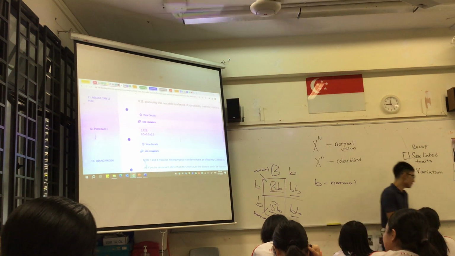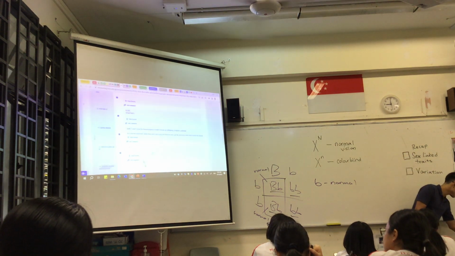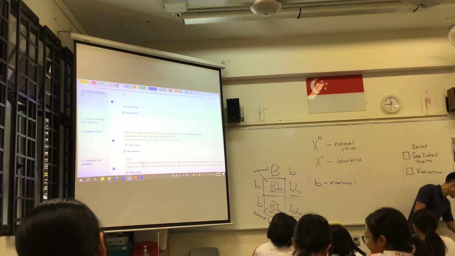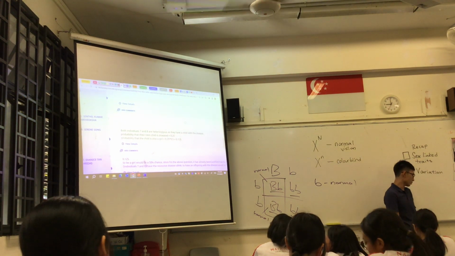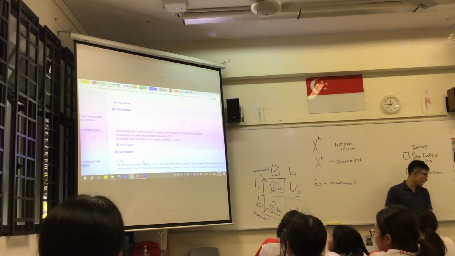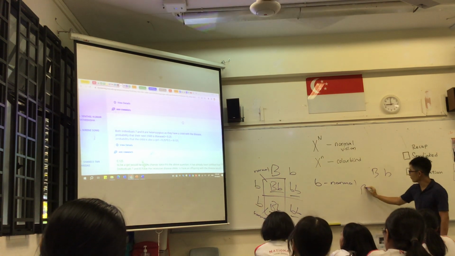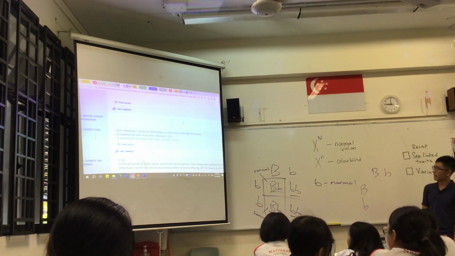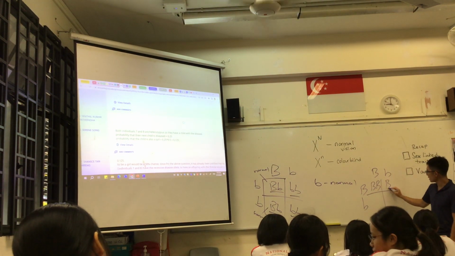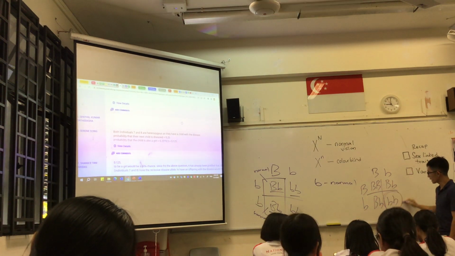Individual 7 and 8. If we go back to individual 7 and 8, Serene also arrived at 0.125. Both individual 7 and 8 are heterozygous. And then they have a child. For the child to have the disease, the child must be homozygous recessive.